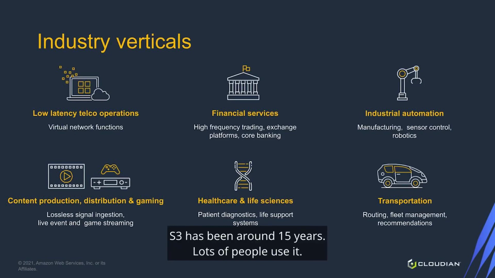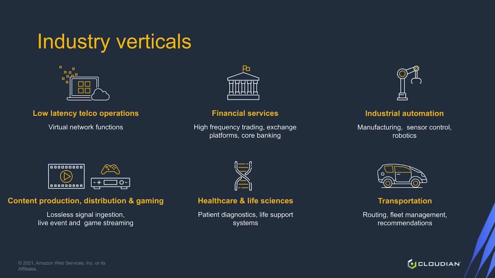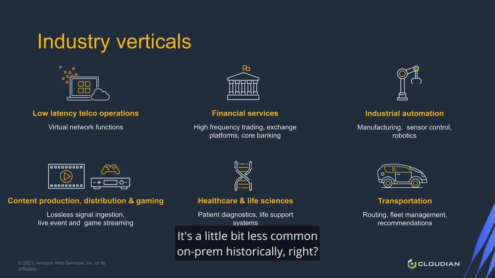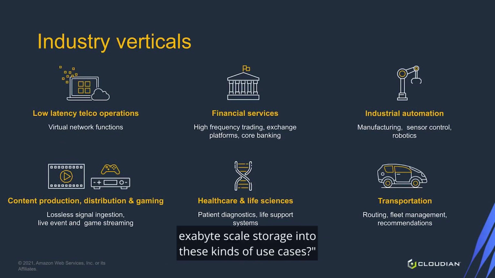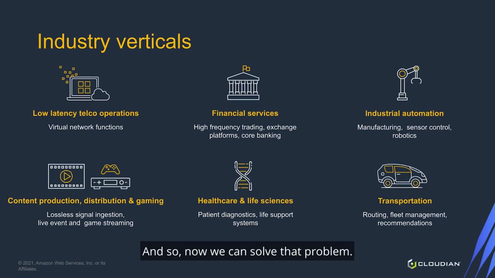S3 has been around 15 years. Lots of people use it. It's a little bit less common on-prem historically, right? People use block and file storage, or they're a little more familiar with it. But again, with Outposts and Cloudian, what we hear a lot of is people saying, hey, how do I bring that unstructured exabyte scale storage into these kind of use cases? And so, now we can solve that problem.